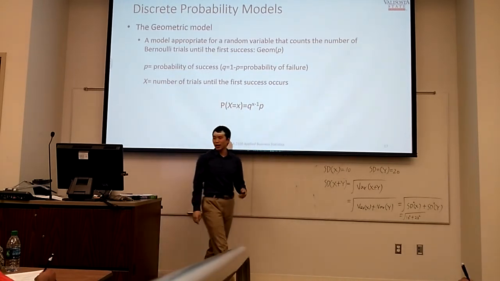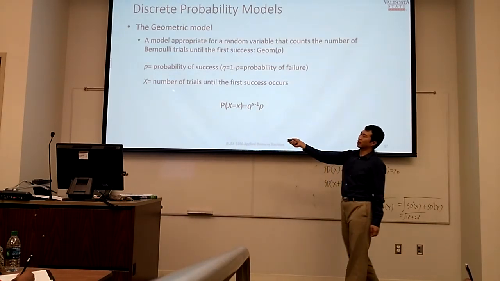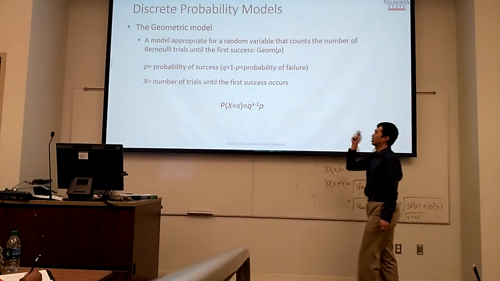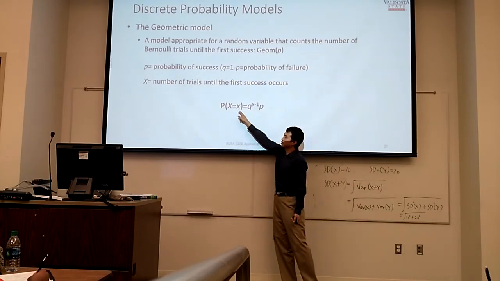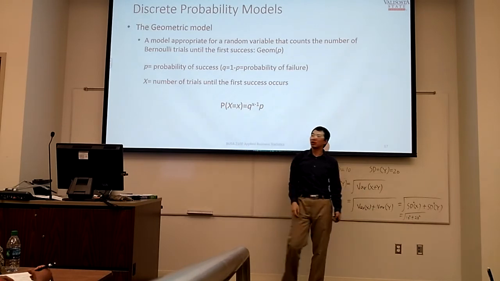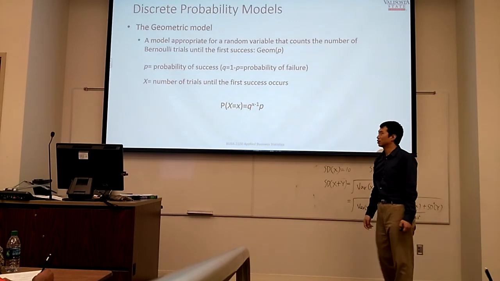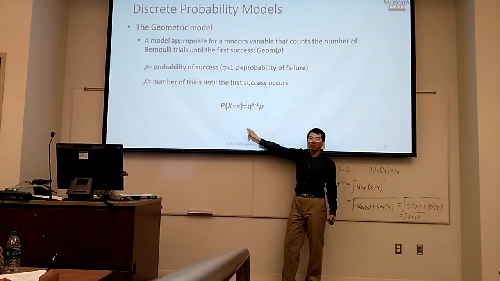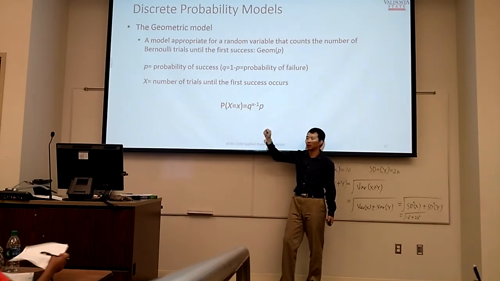So X is the number of trials until the first success. So the probability is equal to the probability of failure to the power of the total number of trials minus 1.